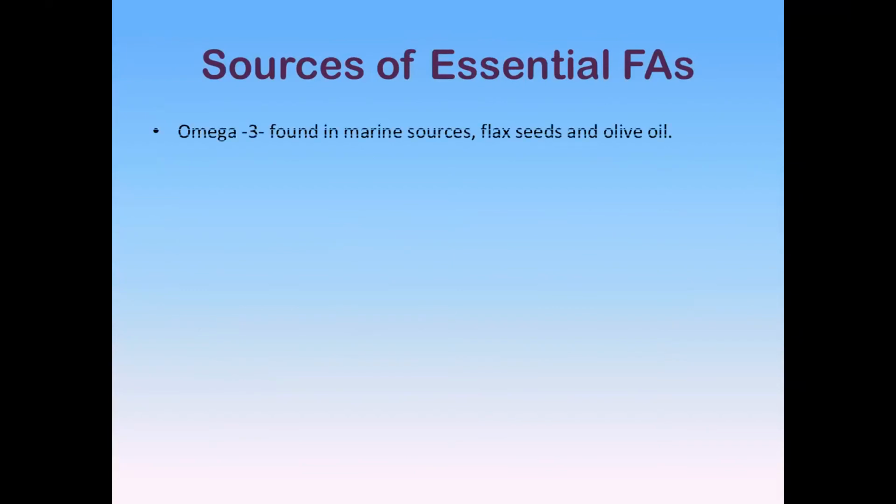The omega-3 fatty acids are mostly found in marine sources like fish and seafood. They are also found in flax seeds and olive oil. The omega-6 fatty acids are found in vegetable oils and meats.